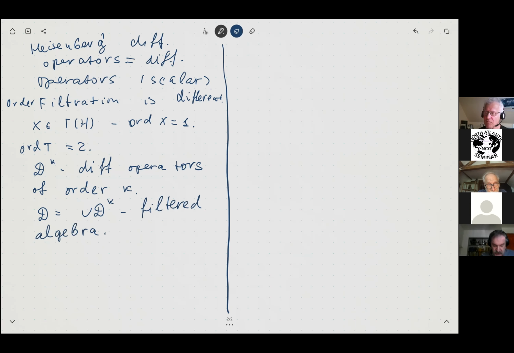And as in the classical case, one can consider the associated graded algebra.